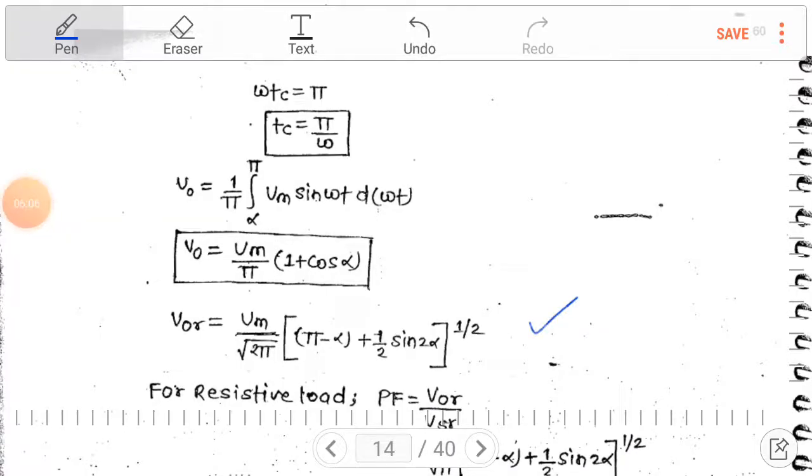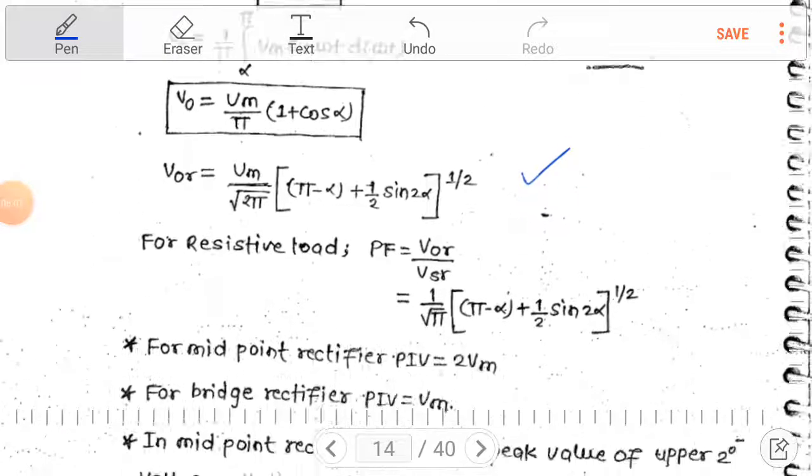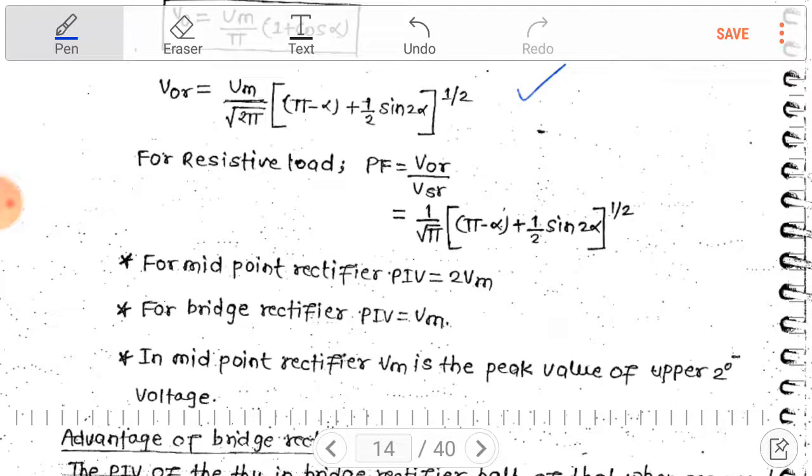So by using the formula we can get the output RMS voltage. Now for resistive load, power factor is V output RMS divided by V source RMS. So by dividing this V output RMS by Vm by root 2, we get the power factor.